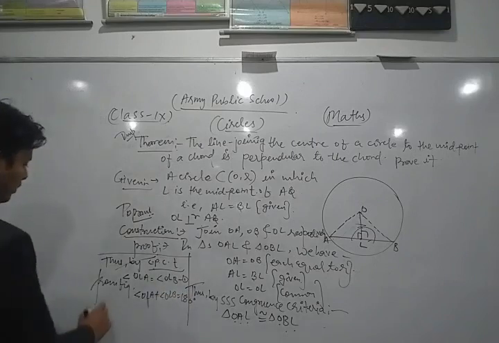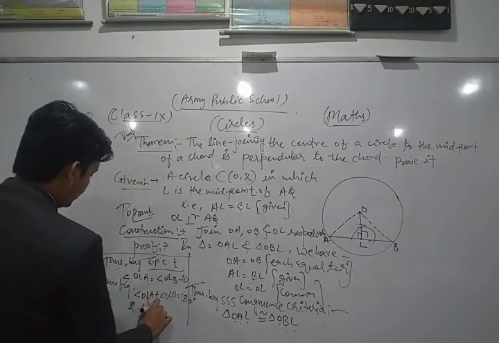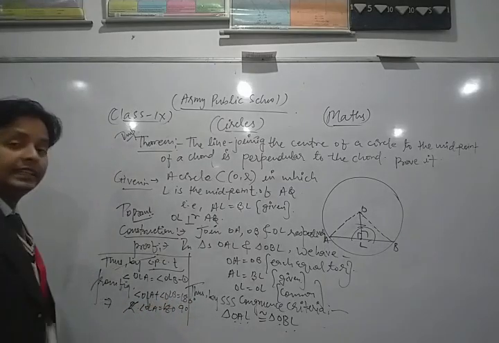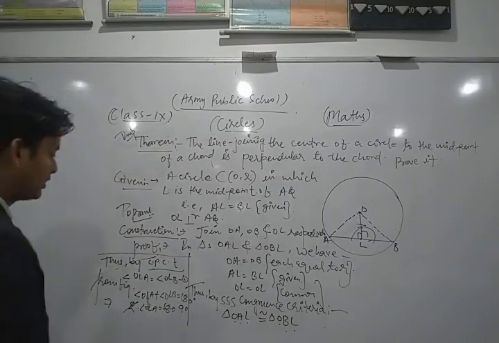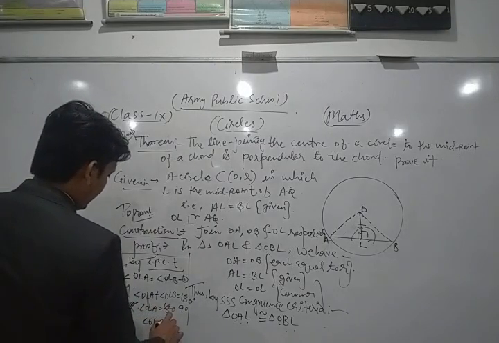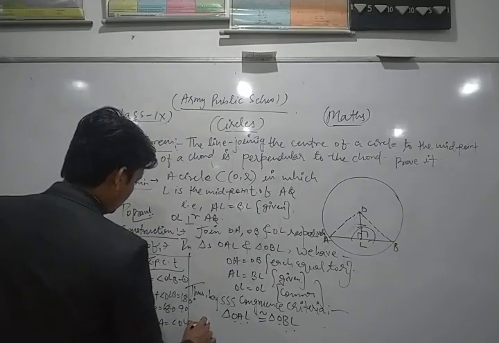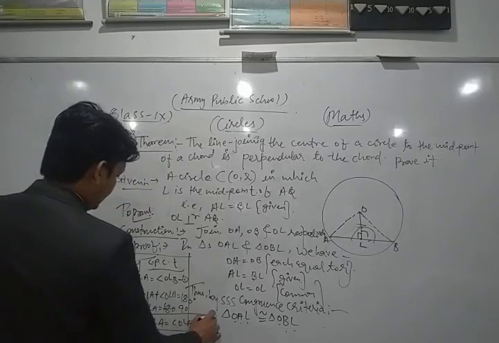Now using equation 1, we put angle OLB as angle OLA, so 2 times angle OLA is equal to 180, so that is 90 degrees. Thus, from 1, angle OLA is equal to angle OLB is equal to 90 degrees.